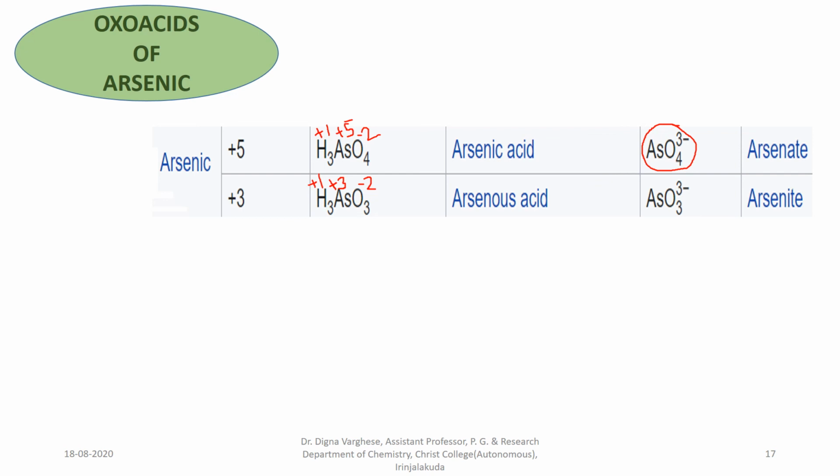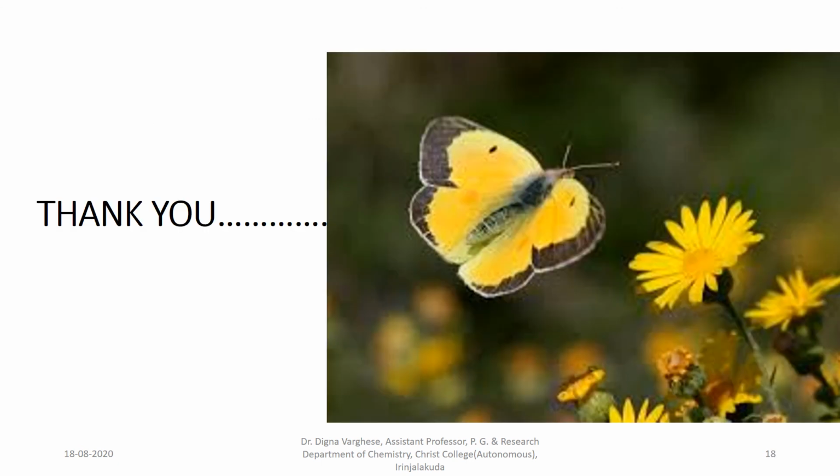Arsenous acid also gives the arsenite anion with 3 ionizable hydrogens or protons, so it acts as a tribasic acid. These are all about the oxoacids of nitrogen and phosphorus. Thank you for your attention.